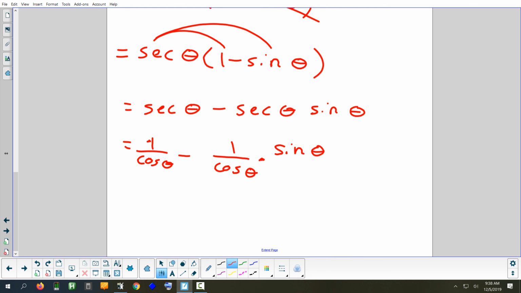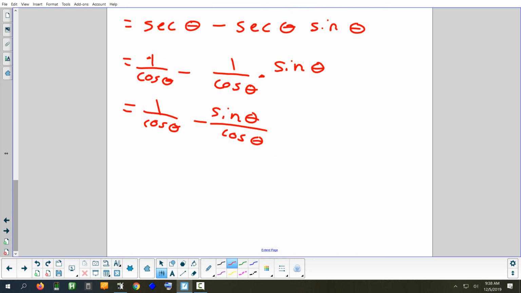Well, let's put that together. What's 1 over cosine times sine? Sine over cosine. Now, what is sine divided by cosine? That is something special. That's tangent.